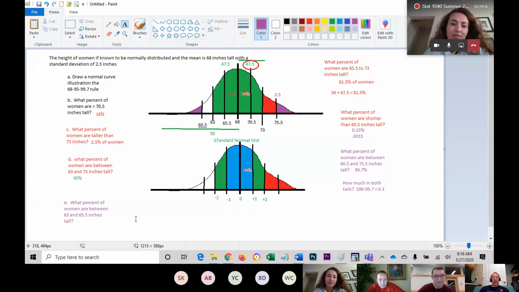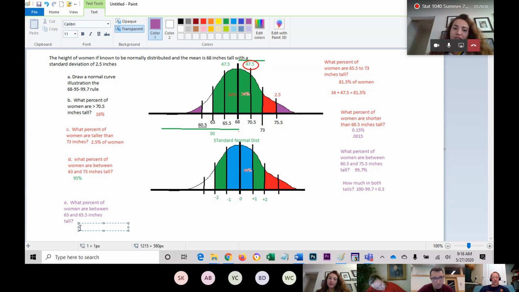So you take the 63 and the 65, because up there you have 47.5, right? Yeah, so the 47.5 is the green area just below the mean. So you've got 47.5. So the 63 and the 65 to the 68, those are like 2. So wouldn't you just divide it by 2 to find the answer between 63 and 65?